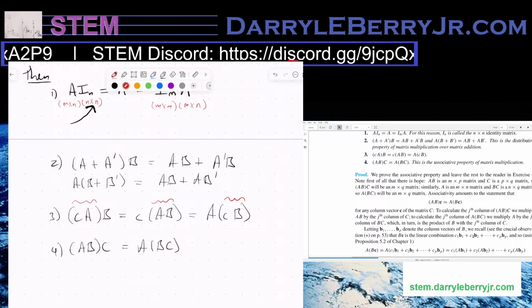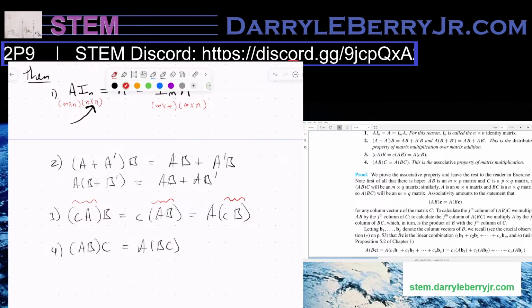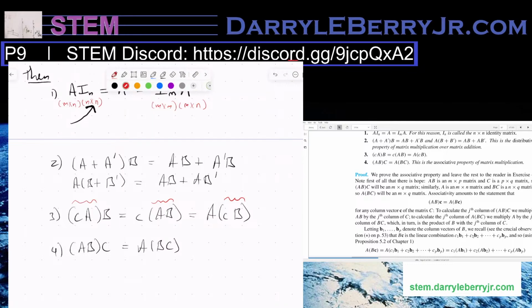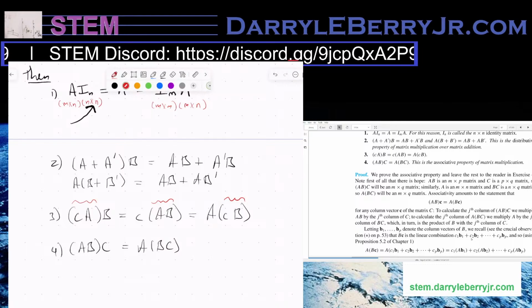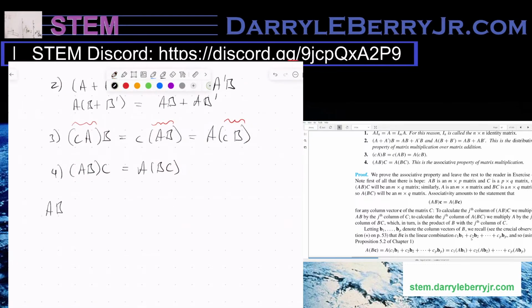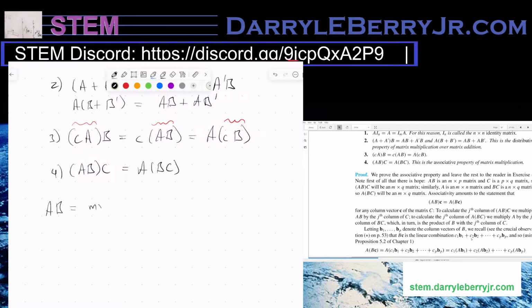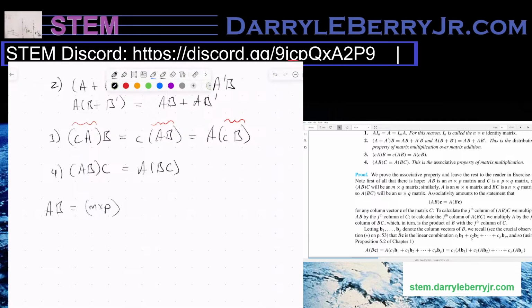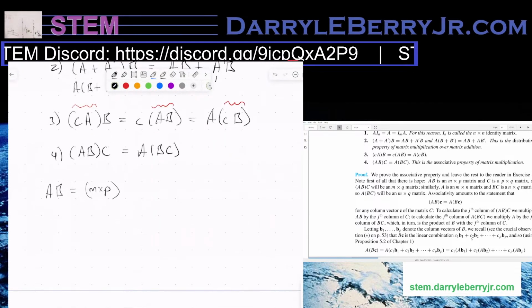We prove the associative property. I'll leave the rest to the reader in exercise 4. Note first of all, there is hope. AB equals an m by p matrix, because you have m by n and n by p, makes sense.